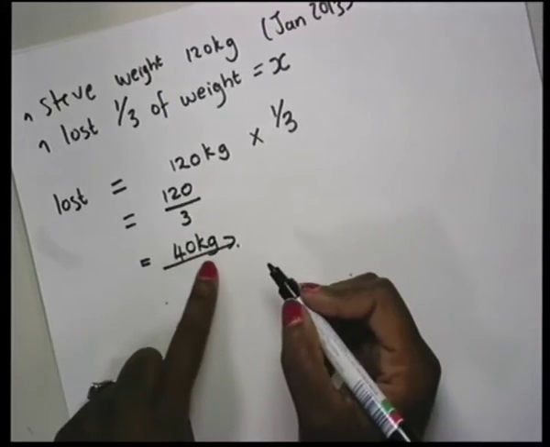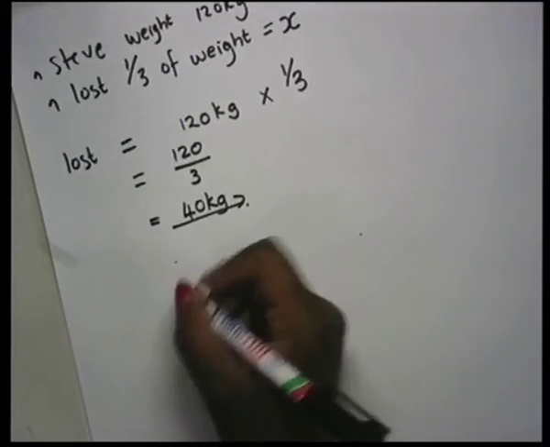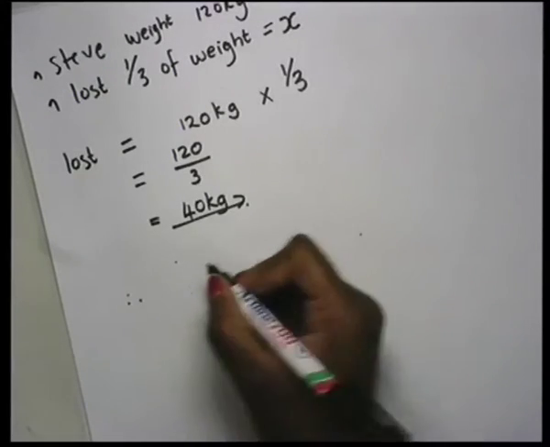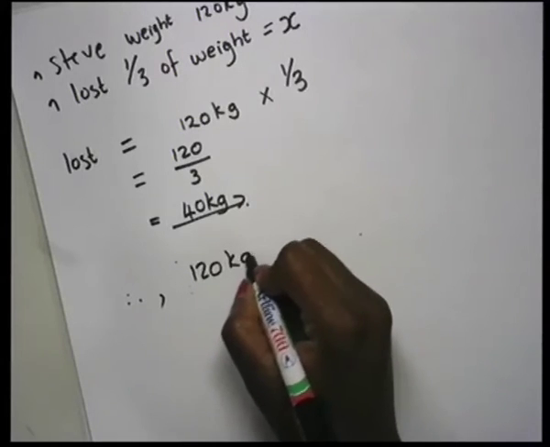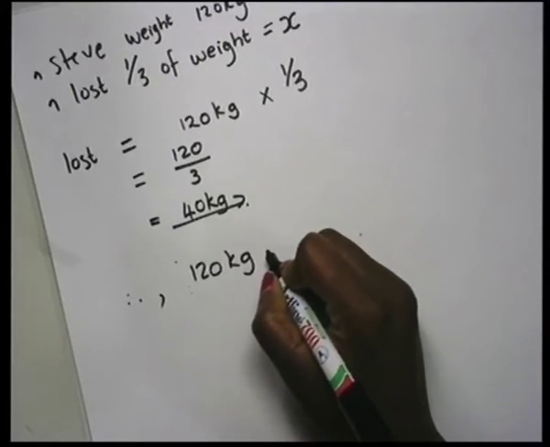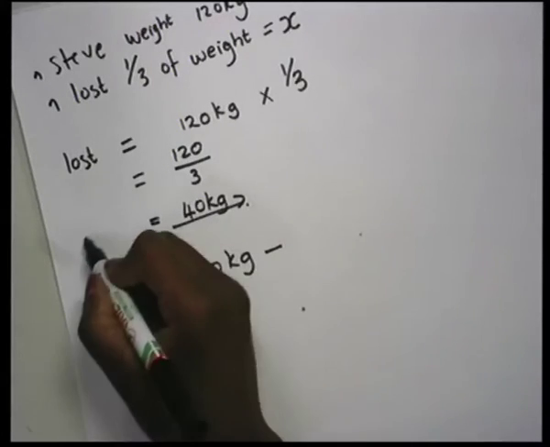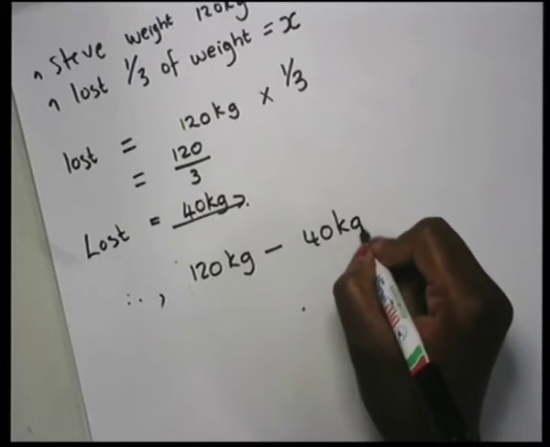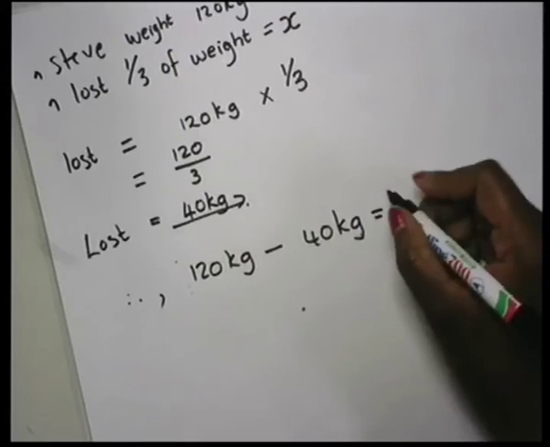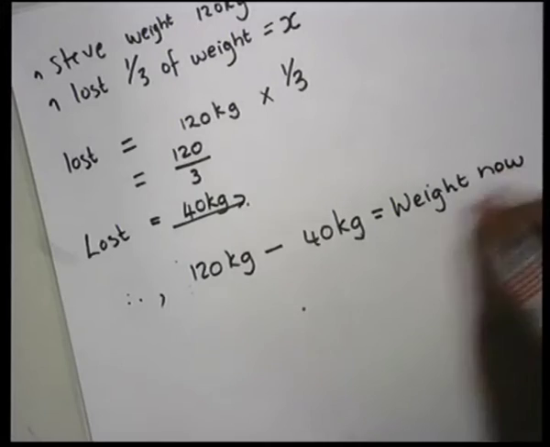If Steve lost 40 kilograms, now we want to know exactly how much Steve weighs now. So therefore, we're going to take his initial weight, which is 120 kilograms, minus what he lost, which is 40 kilograms. That will equal his weight now at this point in time.